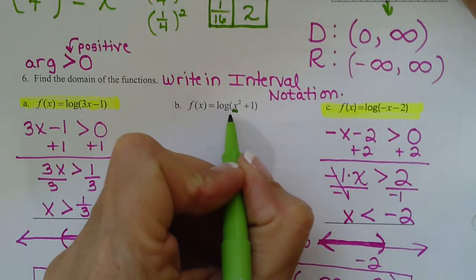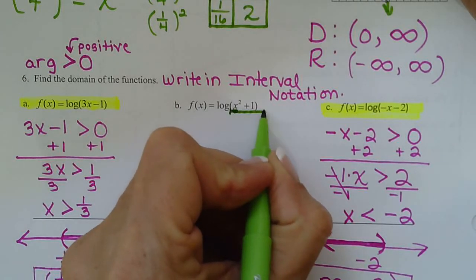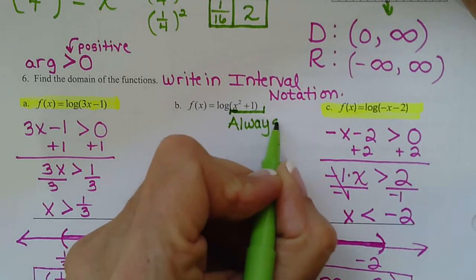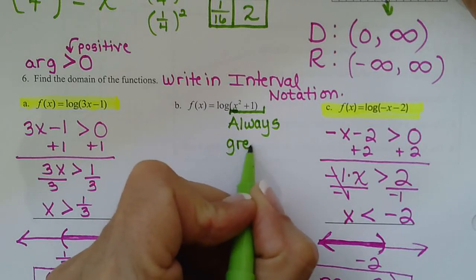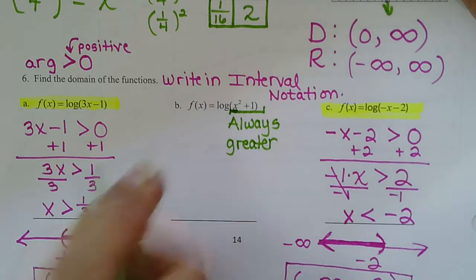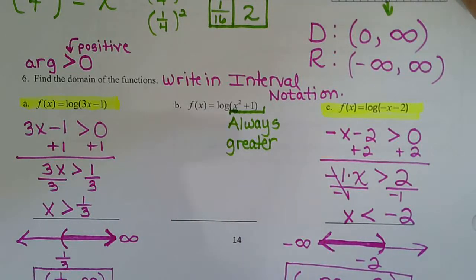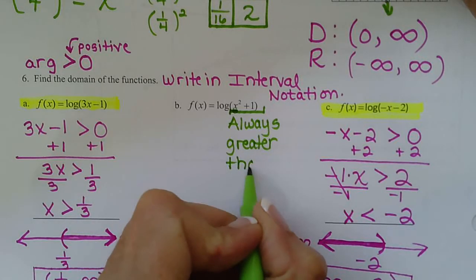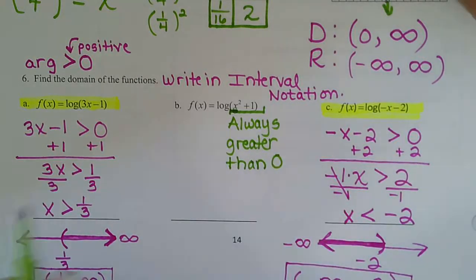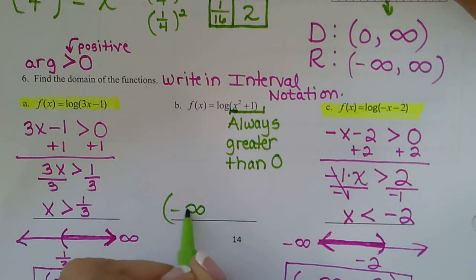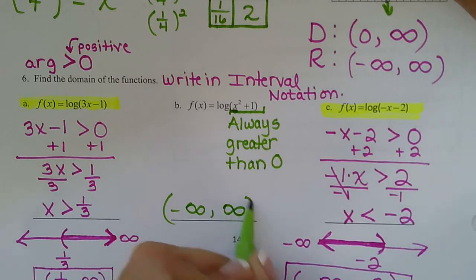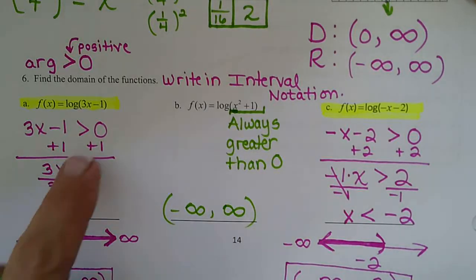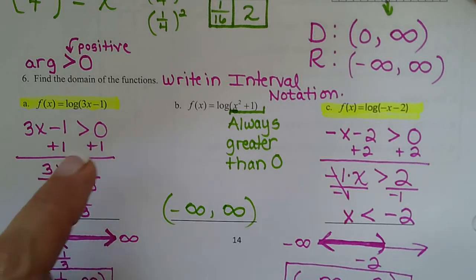So since this is always greater than 0, because there's no way to make it less than 0 with the real number system, because everything squared is positive. So since it's always greater, boom, we can put any x in we want, because nothing will make it equal to 0 or less than 0.